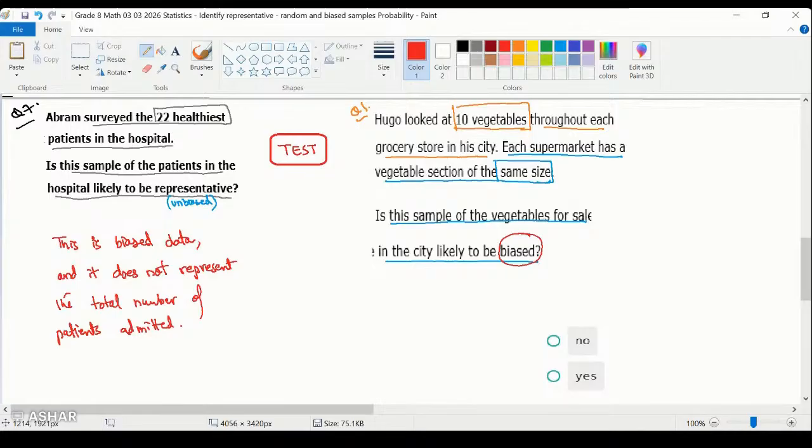favoring one, right? But it is not favoring one. He's not trying to favor one supermarket. If they would have said, is this sample unbiased? We would say yes, this is unbiased. Agreed? So for biased, we say no, this is not biased.